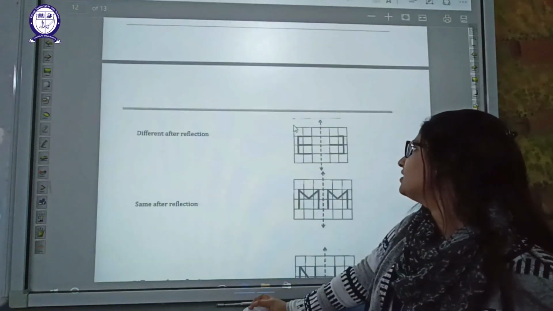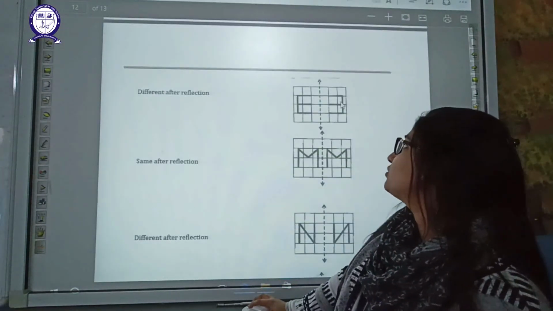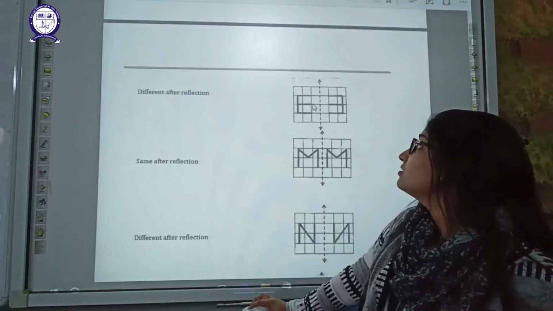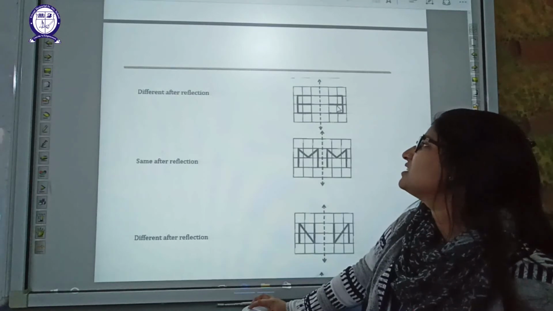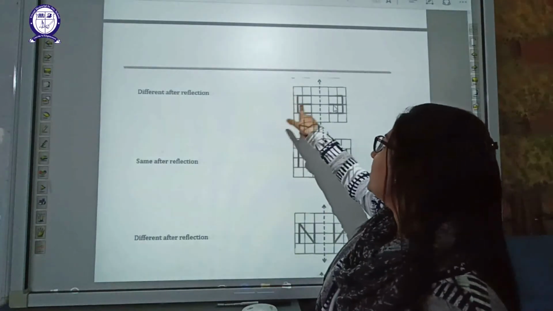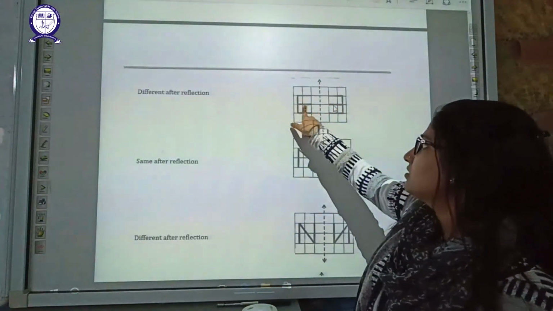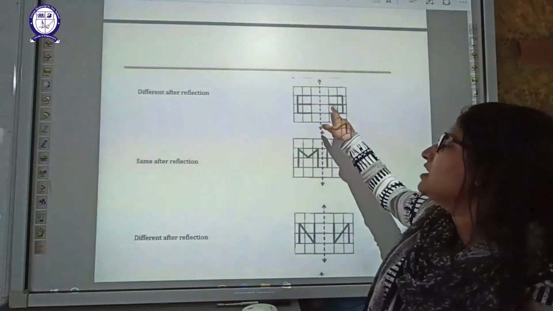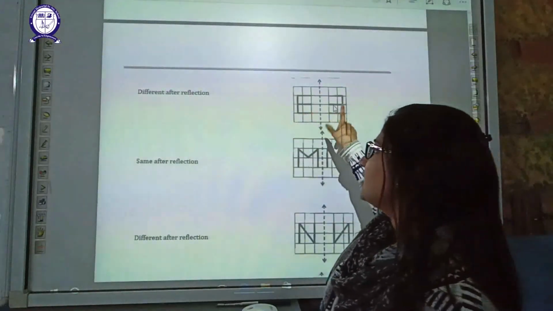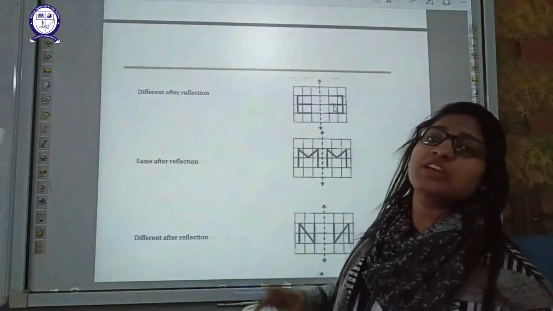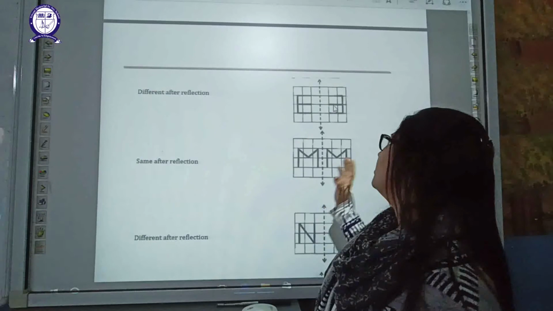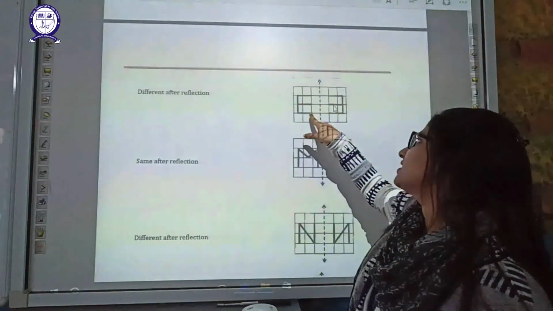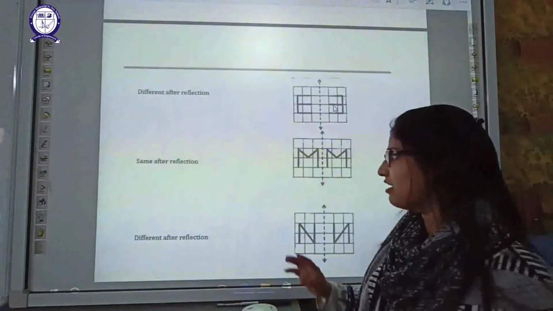Now the next thing here is the letter E. Students, you can see that this E is not looking exactly the same because this line will be here and these three lines are here like this. Okay, which means the opening of this E is different here and inside the mirror. So the alphabet E is different after the reflection. Okay, because its left side is shown at the right and its right side is shown at the left.